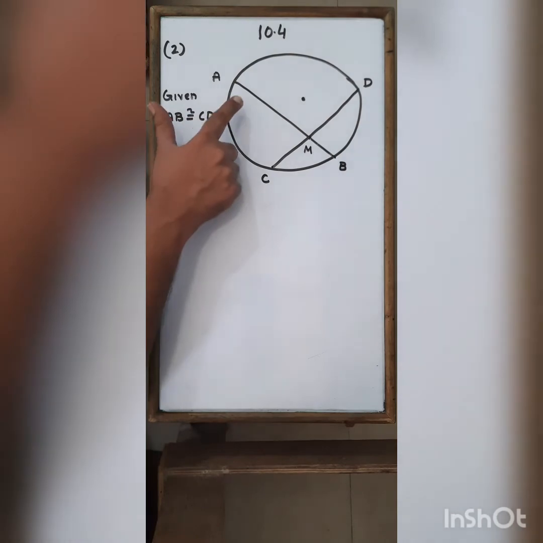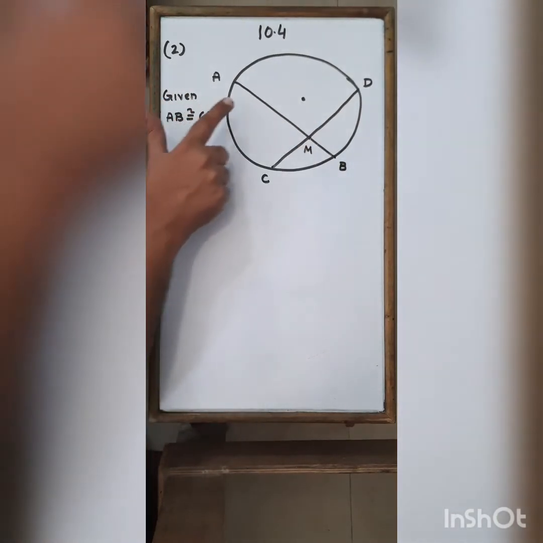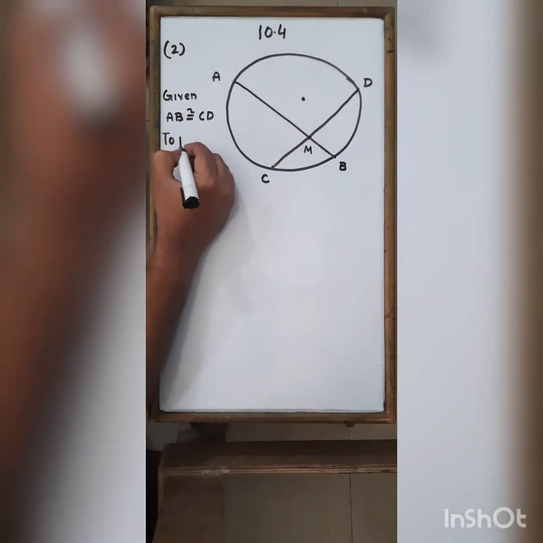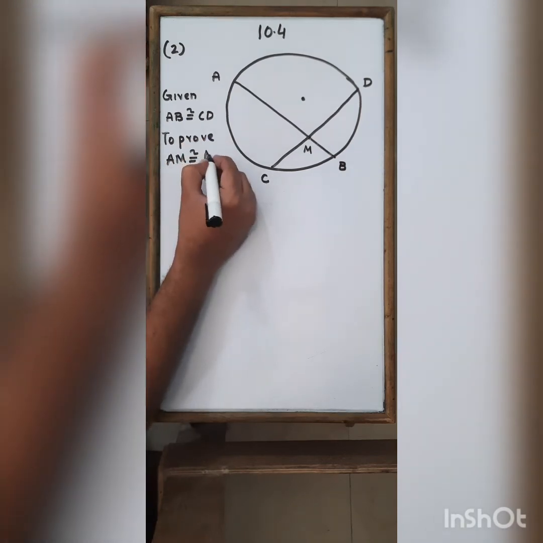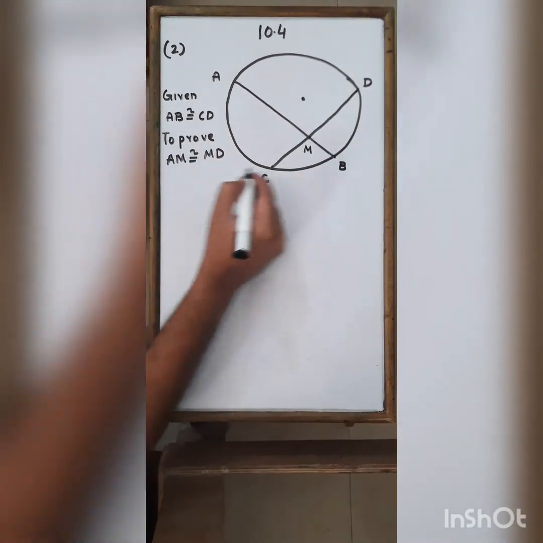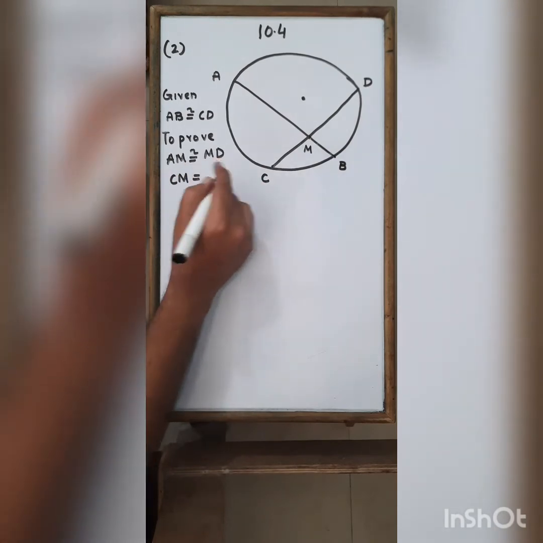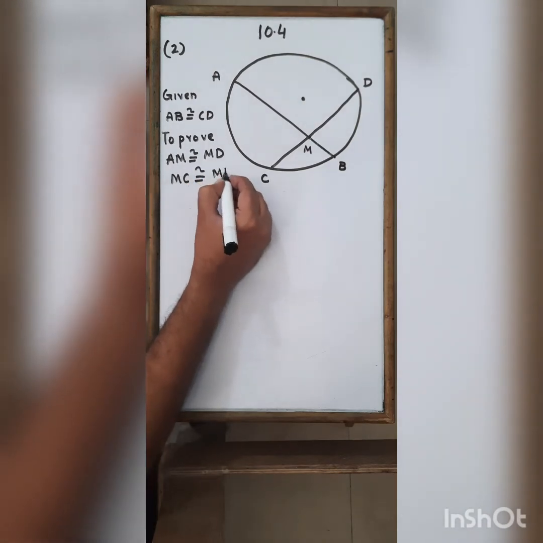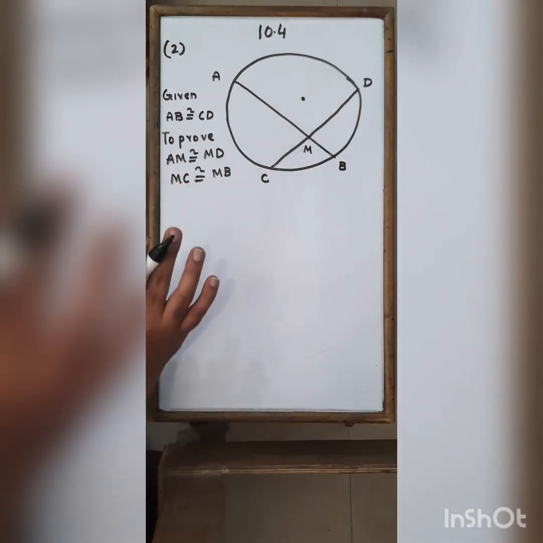You have to prove that the corresponding larger segments AM and MD are equal, so AM is congruent to MD, and the smaller segments are also equal, so MC is congruent to MB. Okay, so now it is an easy sum. First we know AB is congruent to CD.